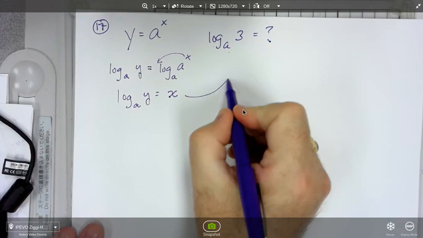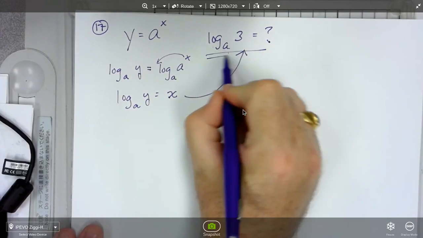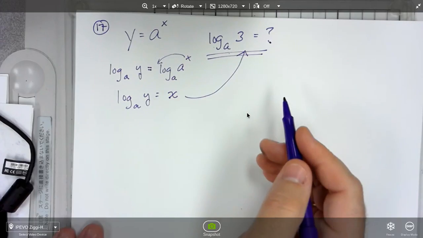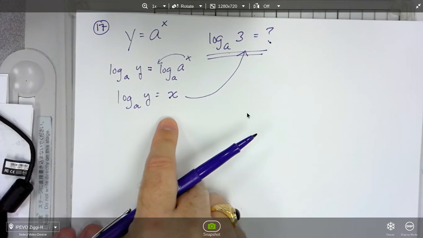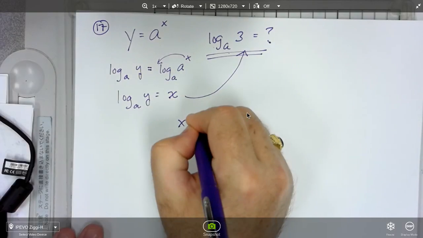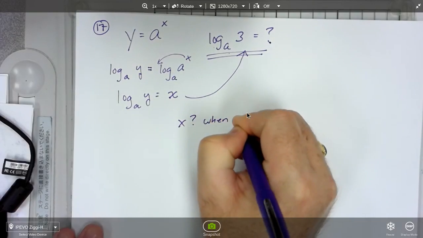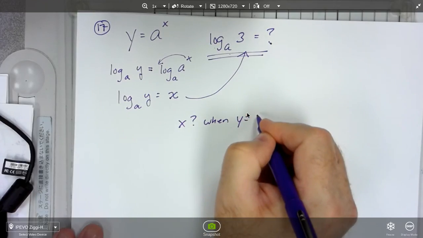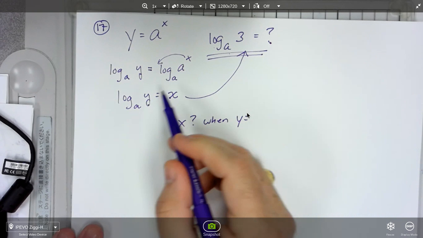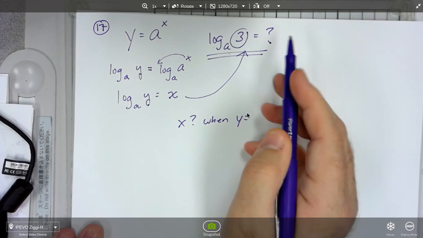So over here, if they're asking me this, what am I looking for? If this is the case, what are they asking me to find? X. They want to know x when y equals what? When y is equal to 3.